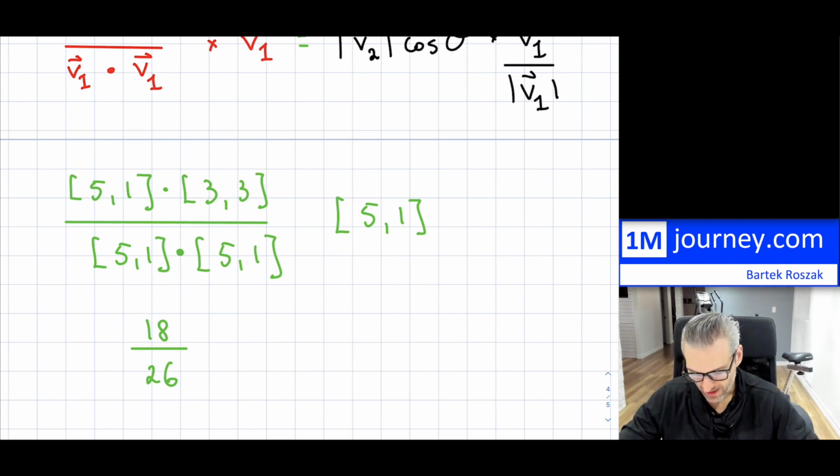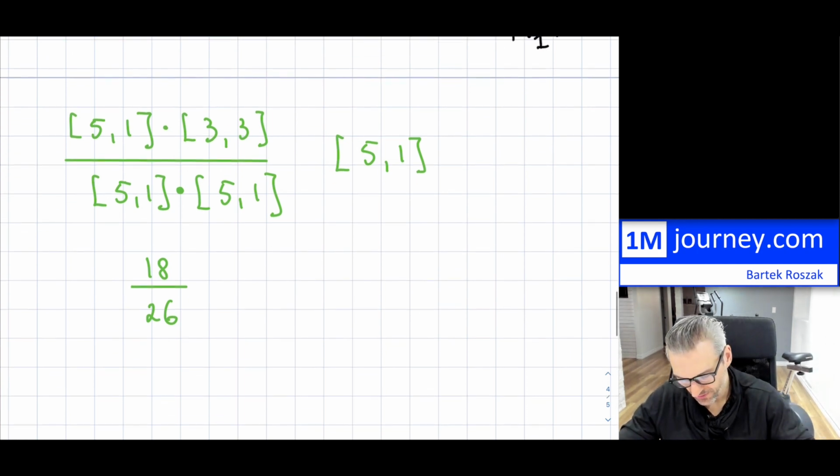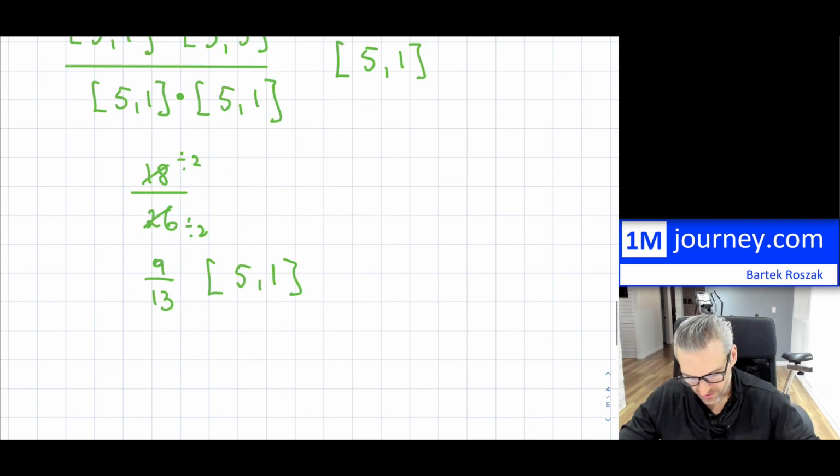I can certainly simplify this if I wanted to. Divided by 2, it's going to be 9 over 13, because 2 goes into both of these. So I can divide by 2, divide by 2. And then I have my vector right there. Now this is a constant right here, so I can bring it inside.